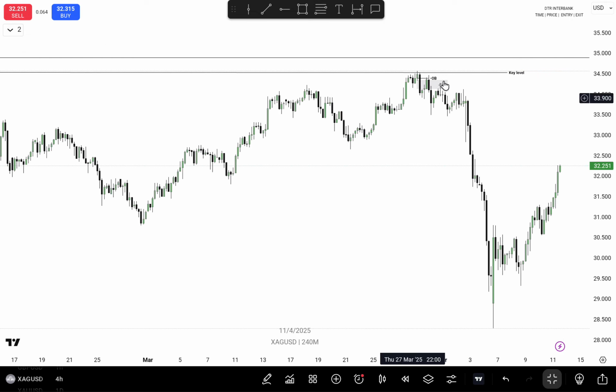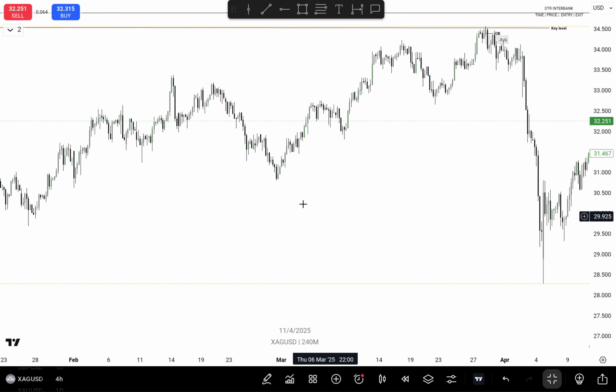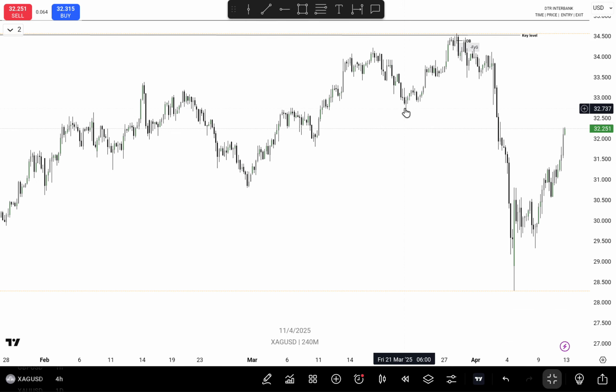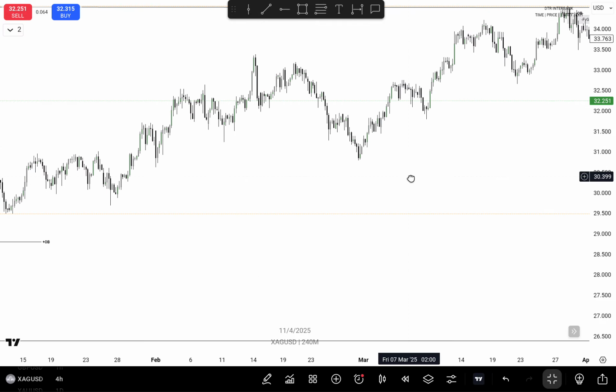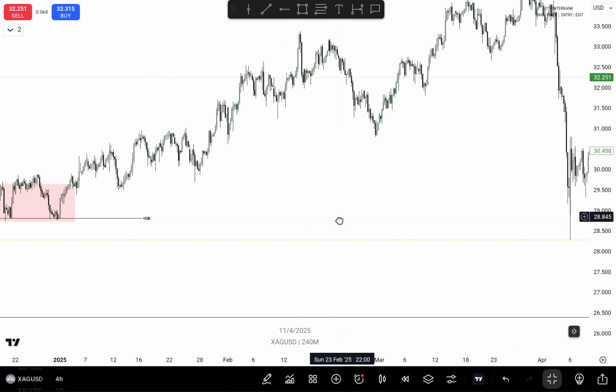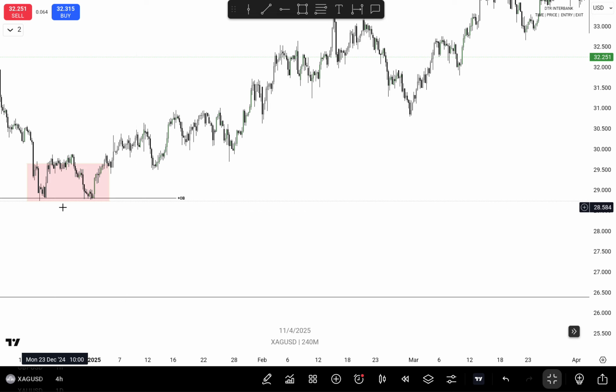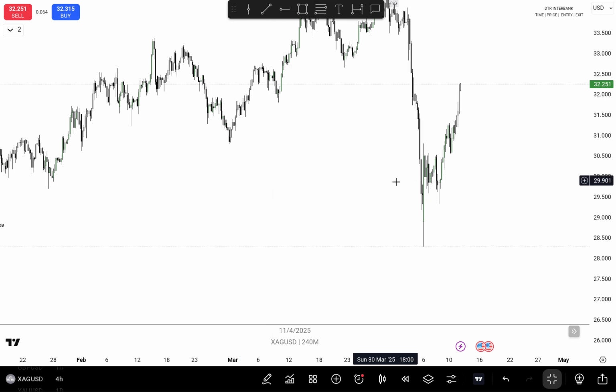And then price dropped down. We took out this low right there, taking out this low, this low, this low, and then these lows right here. You know, classic.